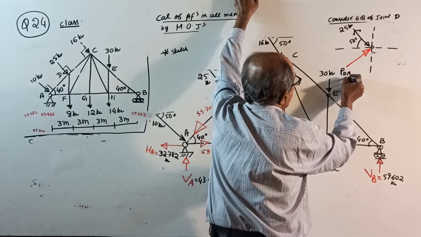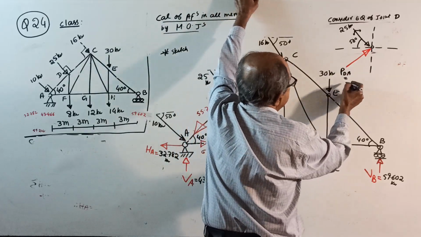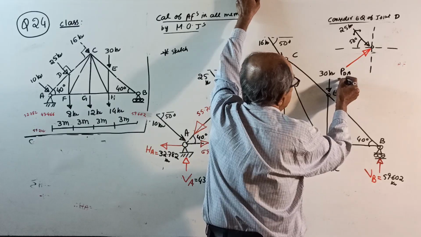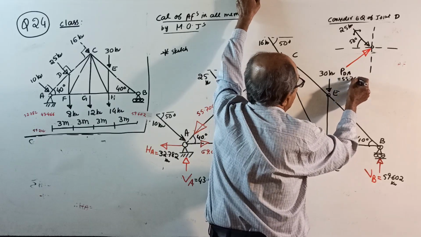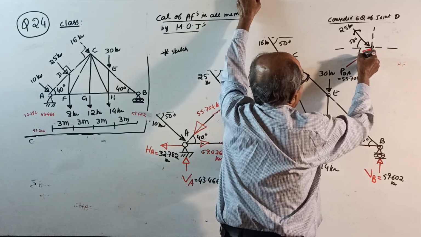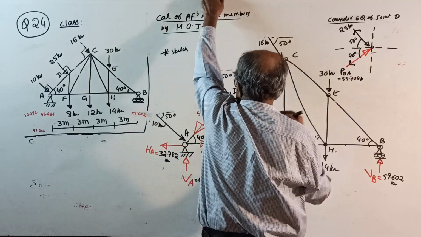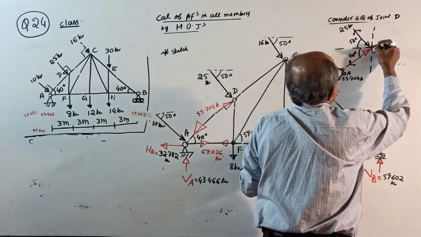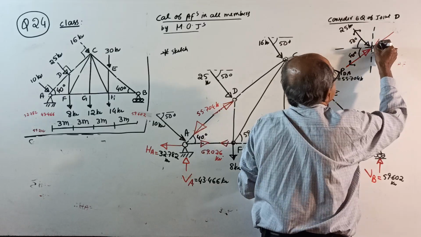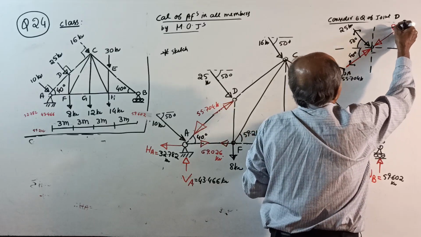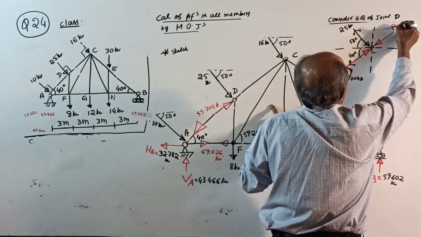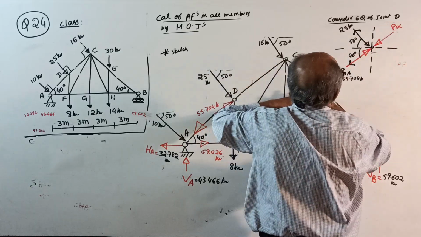PDA is already known: 55.704 kilonewton. The angle is 40 degrees for that one. Components are like this. Then one force continuing here, I will take like this. PDC, I will take acting to the joint.